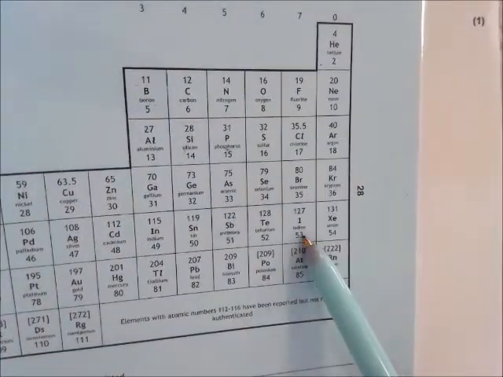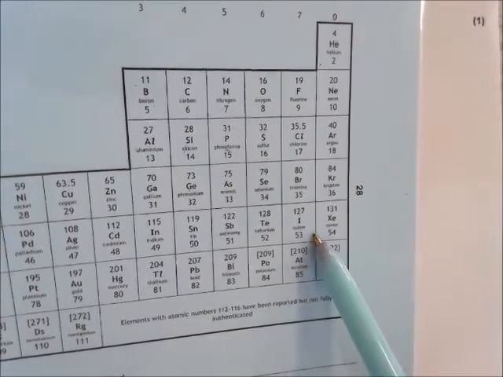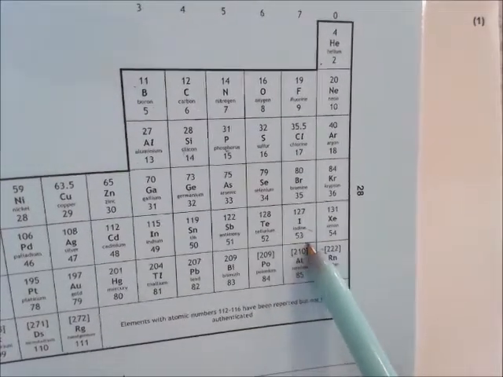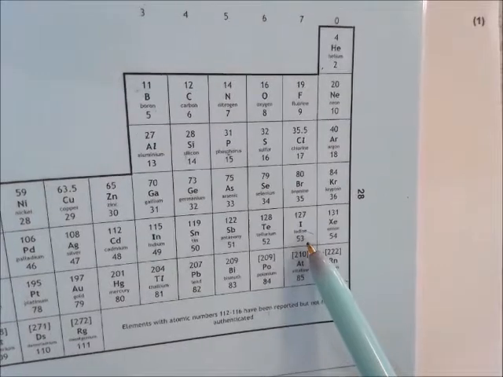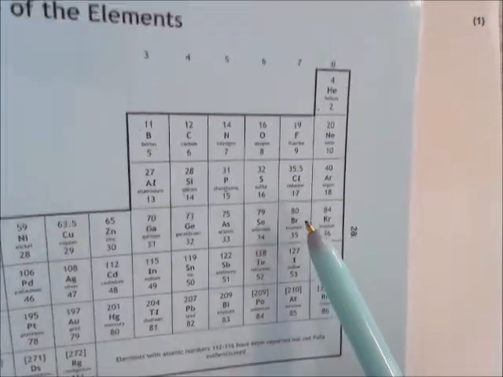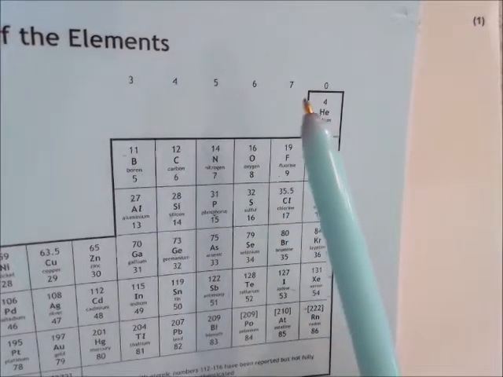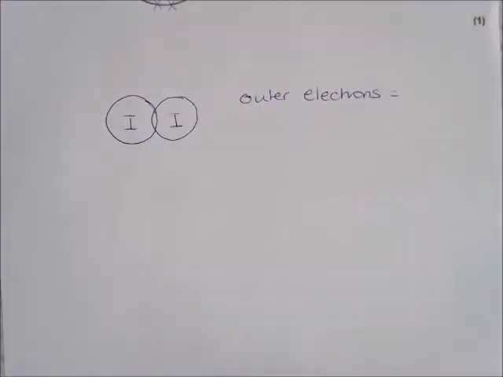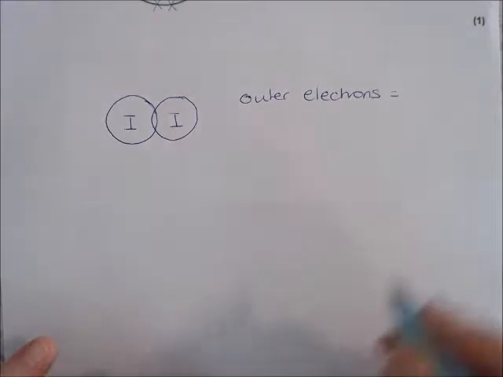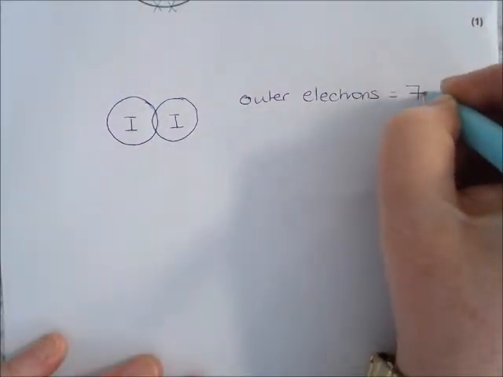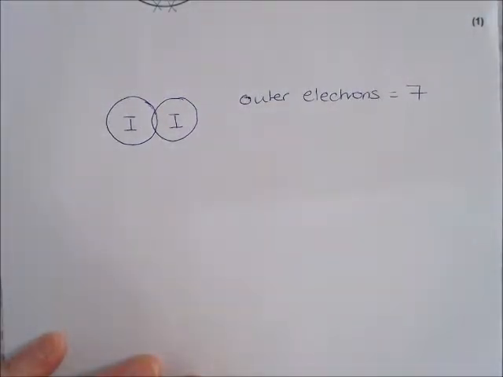Iodine is on the right, it's a non-metal, it's down here. Now, if you forgot the shortcut, you'd look at 53 and you'd start to panic. But we've got to remember that all elements in group 7 have the same number of outer electrons. So iodine, because it is in group 7, has 7 outer electrons.